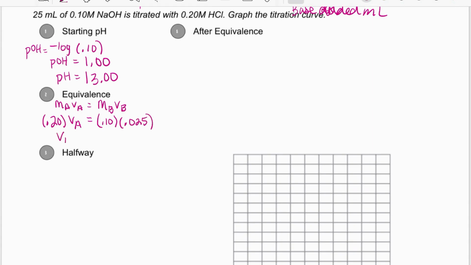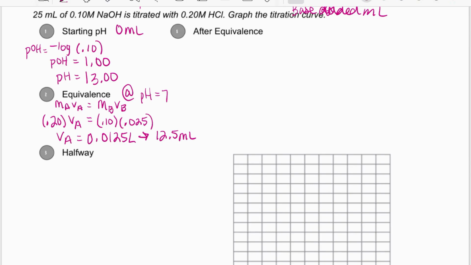So when I solve for my volume, I have 0.0125 liters, which is equal to 12.5 milliliters. Remember, at equivalence, we have a pH of 7. This was a volume of 0 milliliters of our acid added at that point.